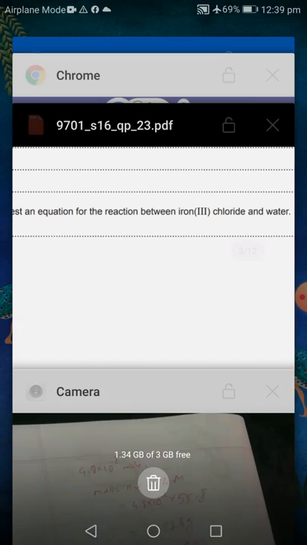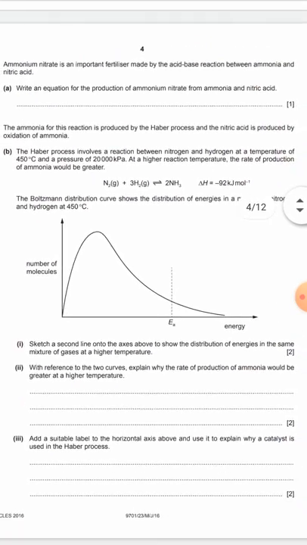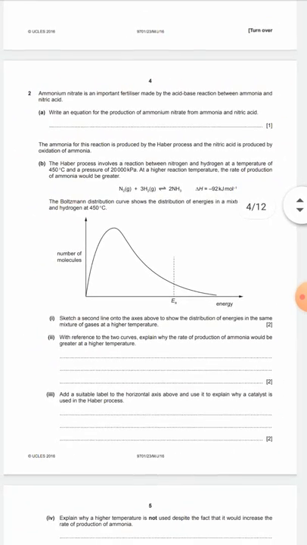Okay, now let's go to the next question. Ammonium nitrate is an important fertilizer made by an acid-base reaction. Write an equation for the production of ammonium nitrate from ammonia and nitric acid. You know that ammonia plus nitric acid gives ammonium nitrate.